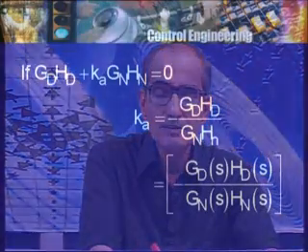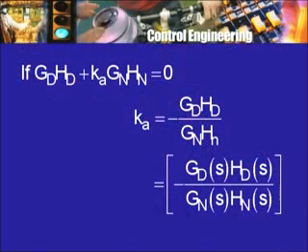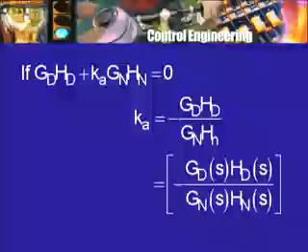Let us once again look at our characteristic equation, which is GD/HD plus Ka times Gn/Hn equal to 0. Now, we can rewrite this as Ka equal to minus GD/HD divided by Gn/Hn. Now, these are all functions of S, they are all polynomial functions of S. So, let me write that explicitly.